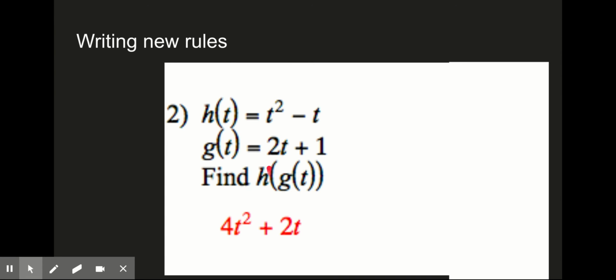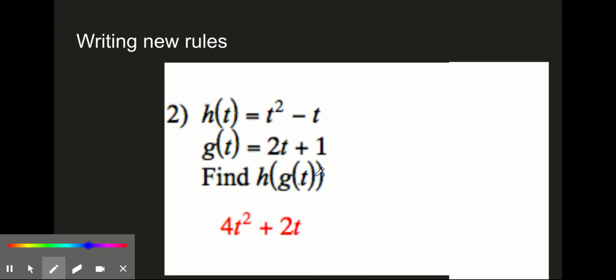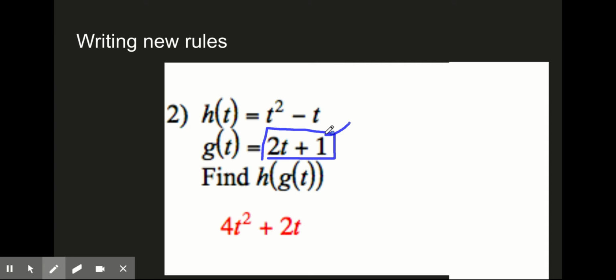So here's a good example. All right, so let's talk about how we get here. h of g of t, meaning this becomes the input.